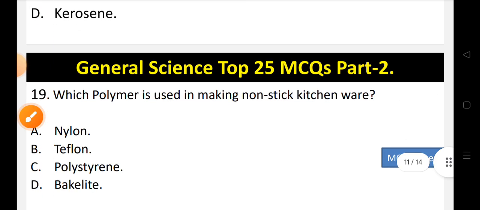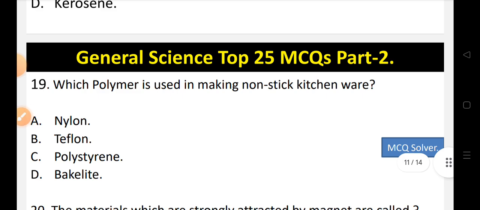Now let's move to question number 19. Which polymer is used in making non-stick kitchenware? We have seen in kitchen like non-sticky pan or many such utensils. So of which polymer they are made up of, we have to answer. Let's look into the options.